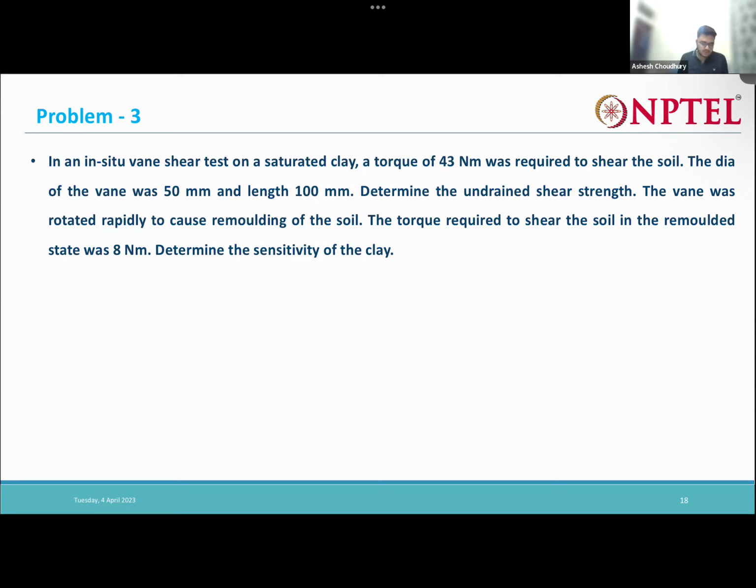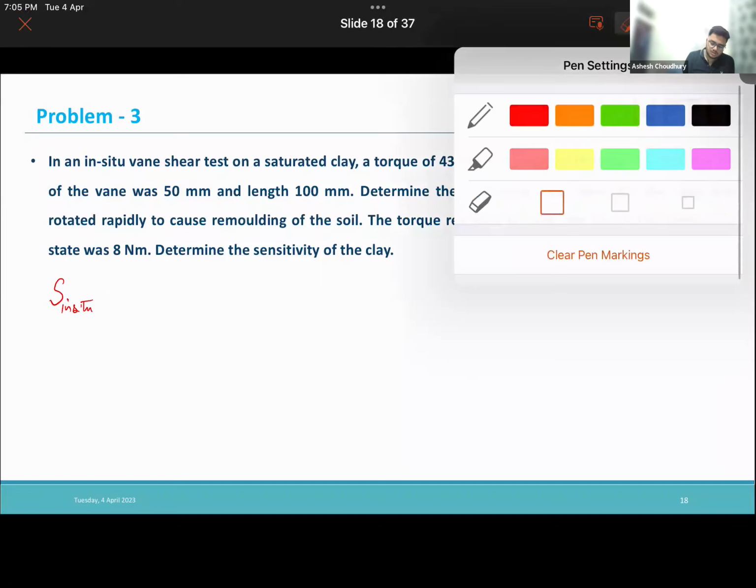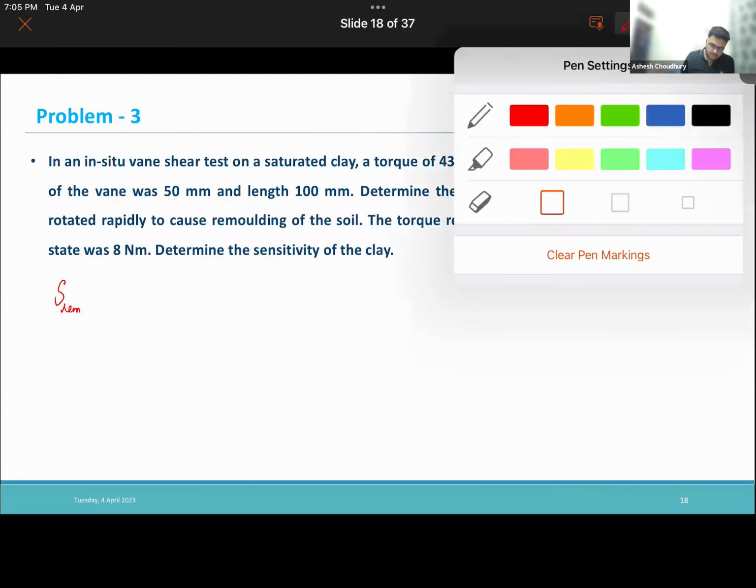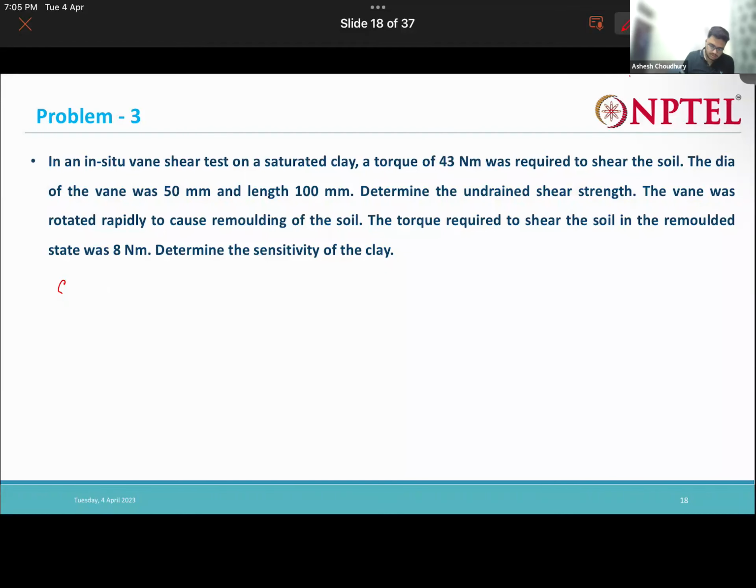Okay. So let us first calculate for the in situ. It's better to write a remolded. So what is my T?